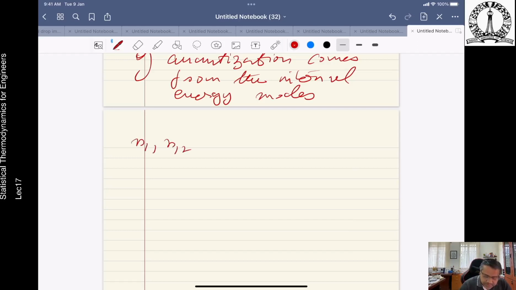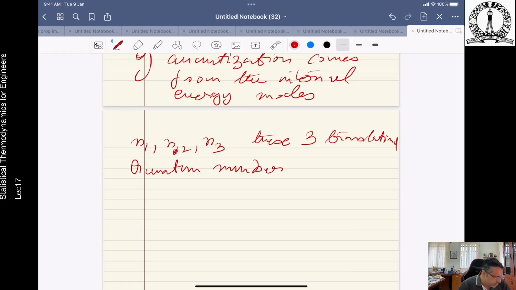So the last point is that these three translational quantum numbers range from unity to infinity.